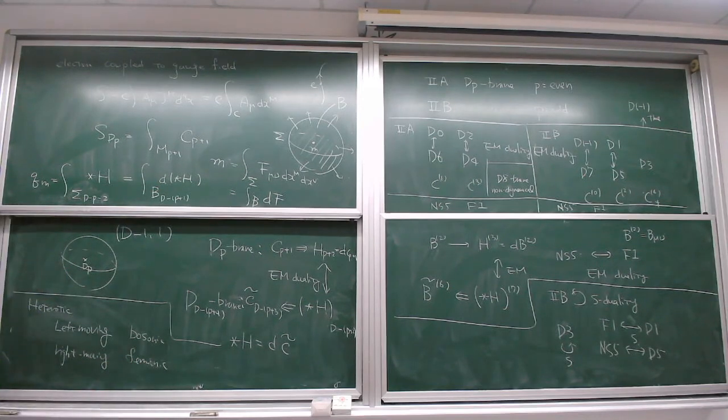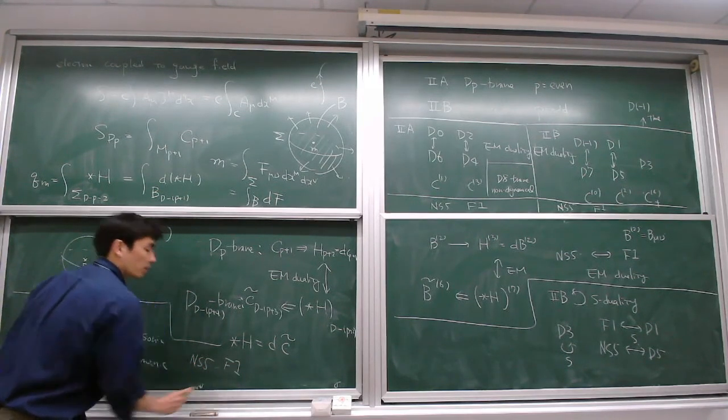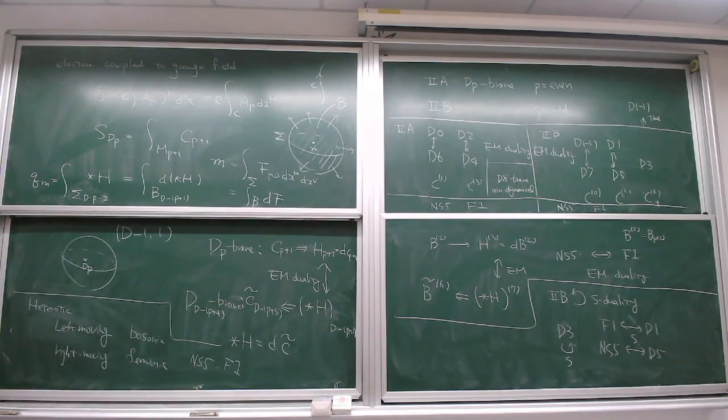In this series, you can only have the NS5 brane and the F1 string. You cannot incorporate D branes. But furthermore, there's M theory, which leads to so-called heterotic M theory. If you go to the strong coupling limit, it becomes heterotic M theory, which introduces the so-called M9 brane, with D equal to 11.